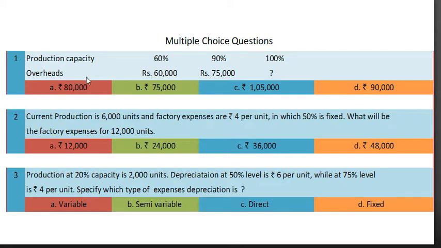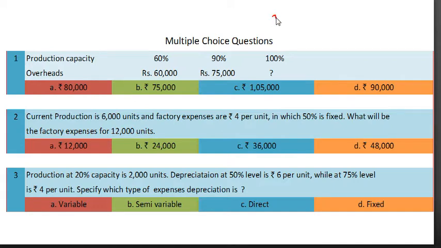Here our overheads are semi-variable cost. So at 60% rupees 60,000, at 90% rupees 75,000. So difference of overhead amounts to rupees 15,000 and the difference in percentage production capacity is 30%.